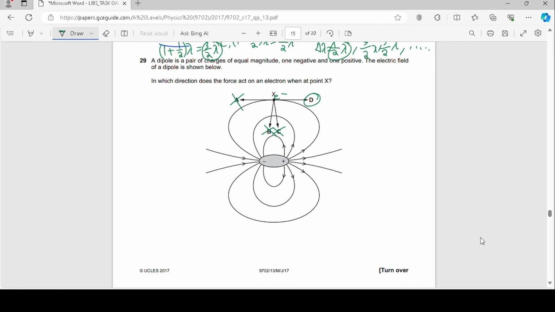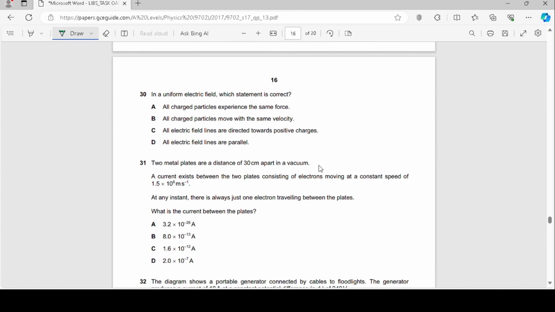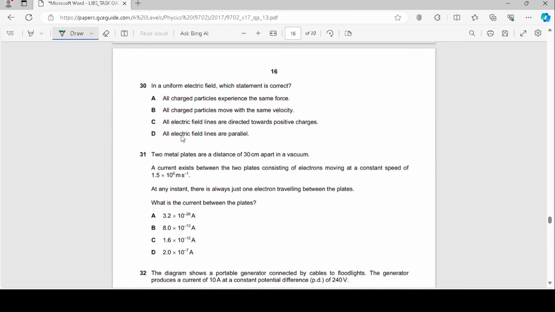So question number 30. In a uniform electric field, which statement is correct? Letter A. All charged particles experience the same force. Yeah, well, we know that this is the equation for the uniform electric field, so we would have F equals QE, right?